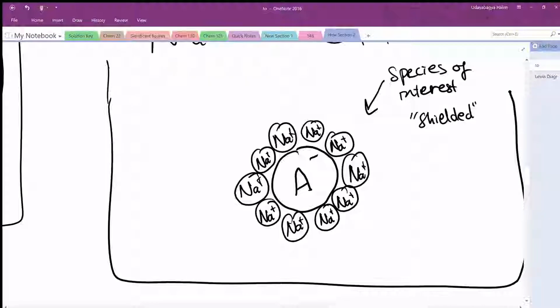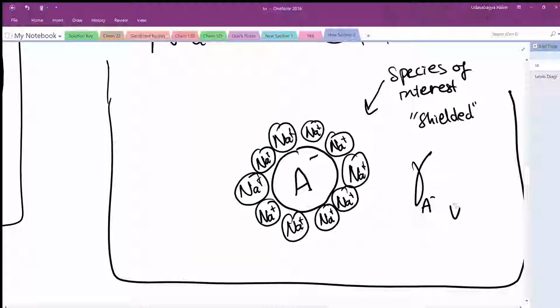So majority of the time, in this case, what would happen to gamma? What is going to happen to the activity of A minus again? It is going to be less or more than it would be in solution now. Less or more? More or less? The answer is actually less.